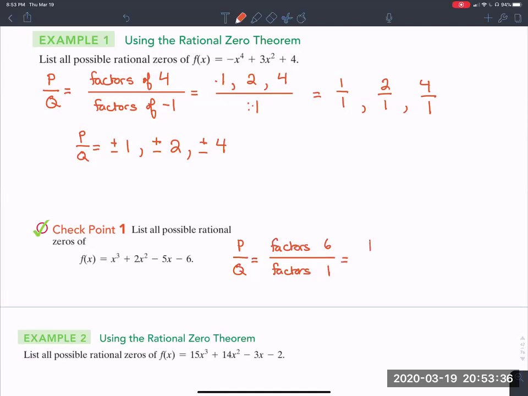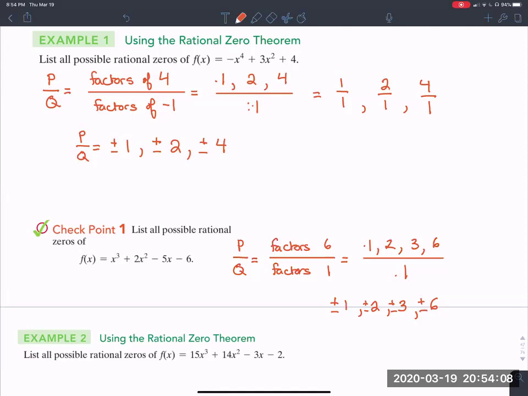Factors of 6 are 1, 2, 3, and 6. Obviously, factors of 1 are just 1. Now you make all of your ratios. So you go 1 over 1, which is 1, 2 over 1, which is 2, 3 over 1, which is 3, and 6 over 1, which is 6. And before you're done, make all of those possible roots positive and negative.